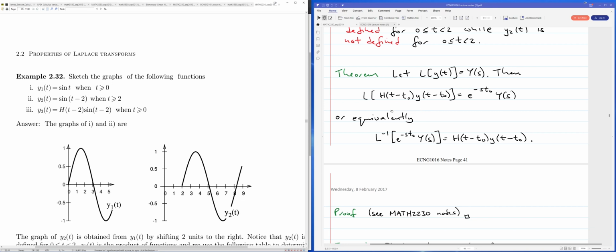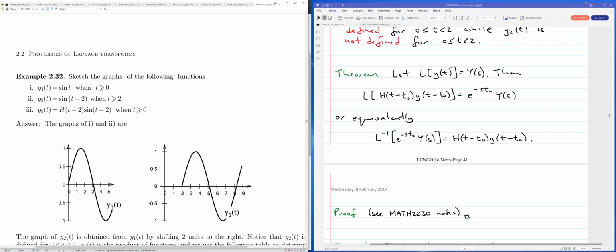The next version, and this is the one that we would use in this class, is that the inverse Laplace transform of e to the minus s t0 times Y of s is equal to Heaviside times y(t-t0).